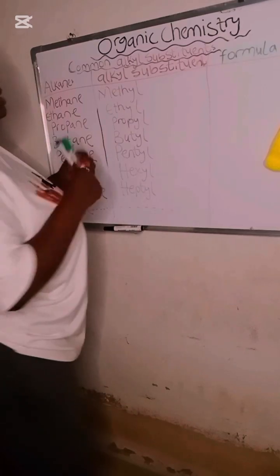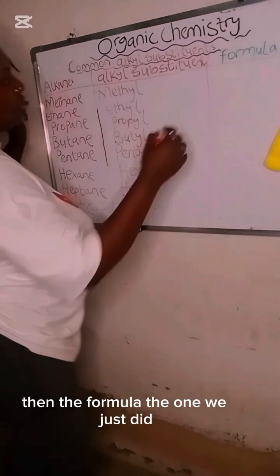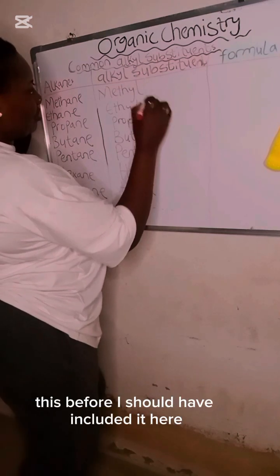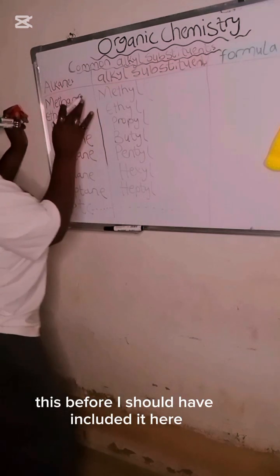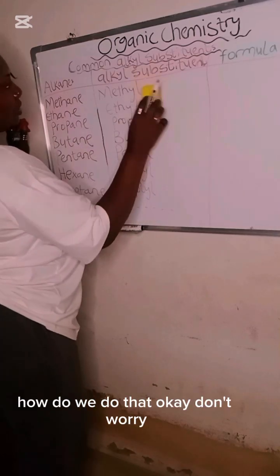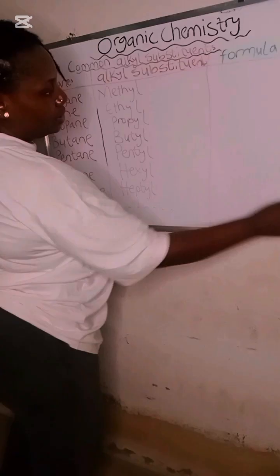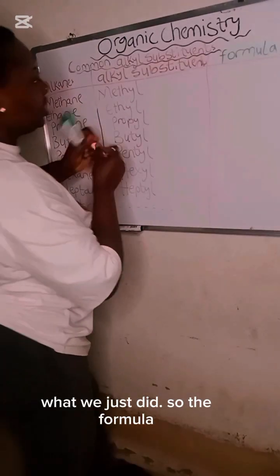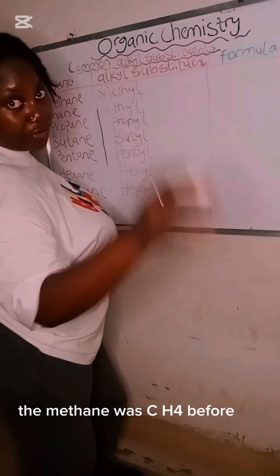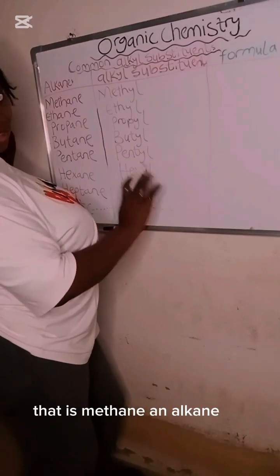Then others. Then the formula, the one we just did. Let me include this before. I should have included it here. How do we do that? Okay, don't worry. So the formula: methane was CH4 before, that is methane, an alkane.